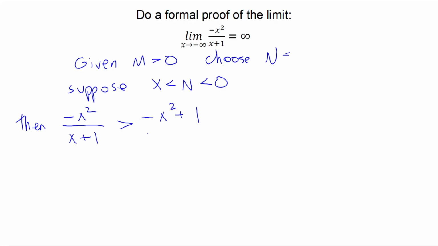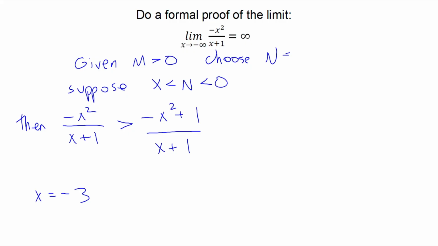I want to add this 1 in here. Let's say, suppose that x was negative 3, and I plugged that into each of these.